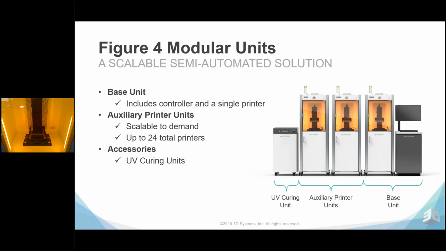If you look at what the base unit is, the base unit is what you order at the very beginning, and it will come with the controller as well as one of the print engines, and then a UV curing unit. And then as your production grows, you add these auxiliary printers up to 24.